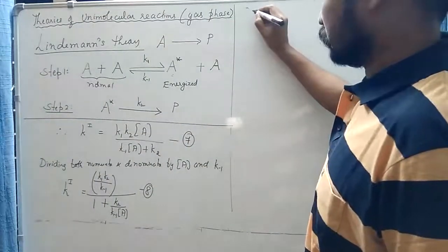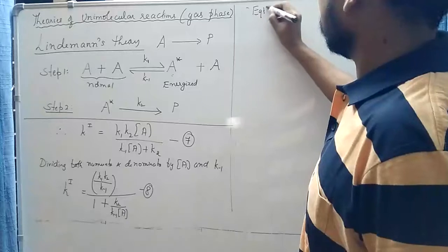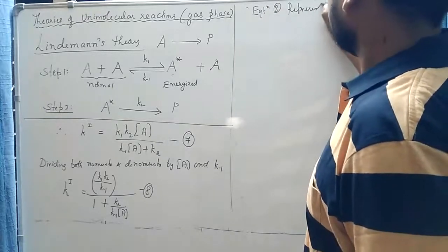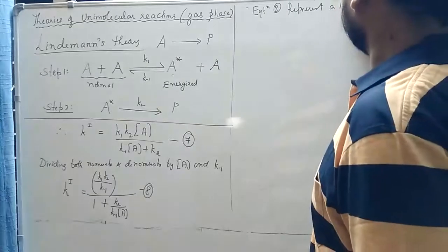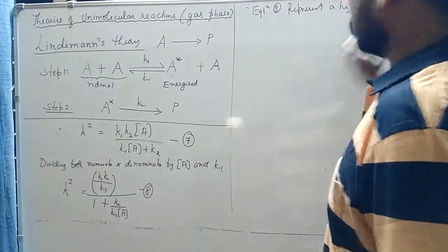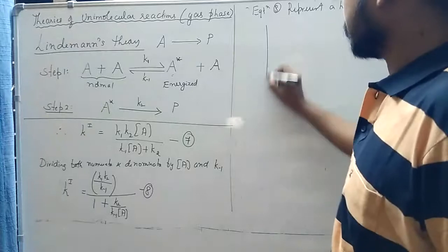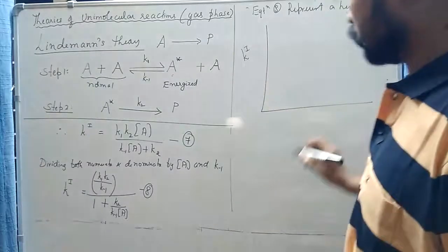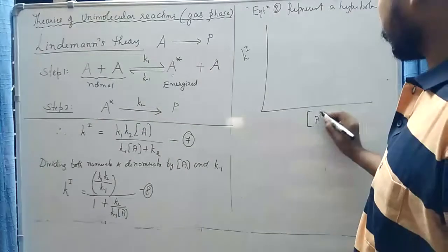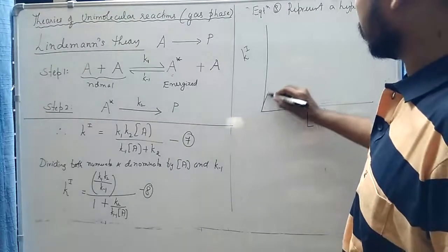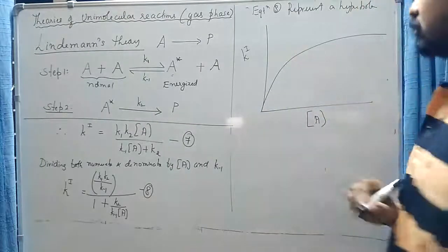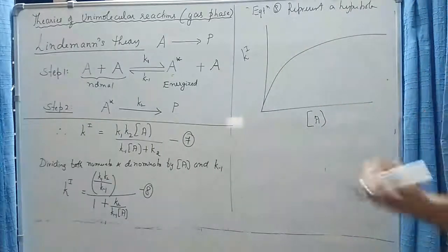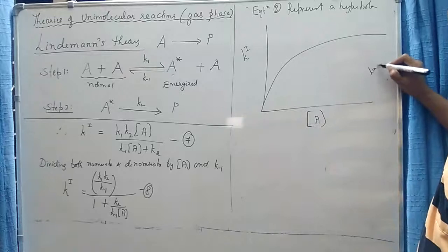So equation 8 represents a hyperbola. What does it mean? It means that if I plot a graph of K1 versus A, I should get a hyperbola like this. This is according to Lindemann.